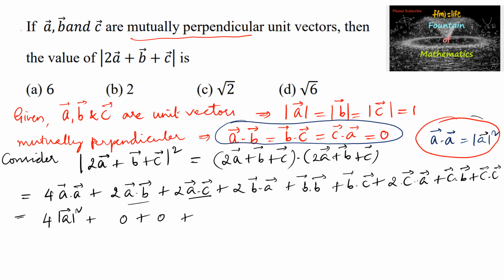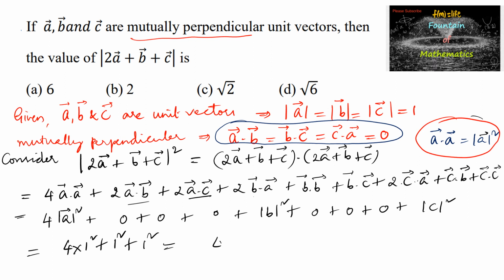So B dot A and A dot B both are 0. So B dot B is mod B square, and B dot C is 0. C dot A is 0. C dot B is 0. And C dot C is mod C square. And we know that mod A, mod B, mod C values are 1. So that is 4 times 1 square plus 1 square plus 1 square. That is 4 plus 1 plus 1, that is 6. So therefore mod of 2A plus B plus C is equal to root of 6.